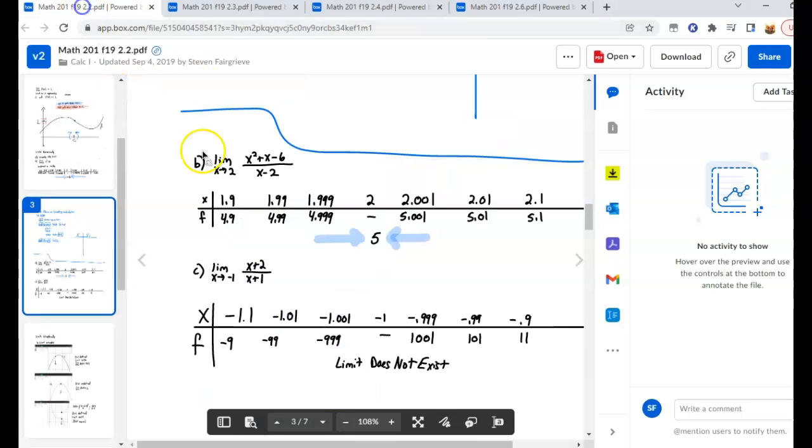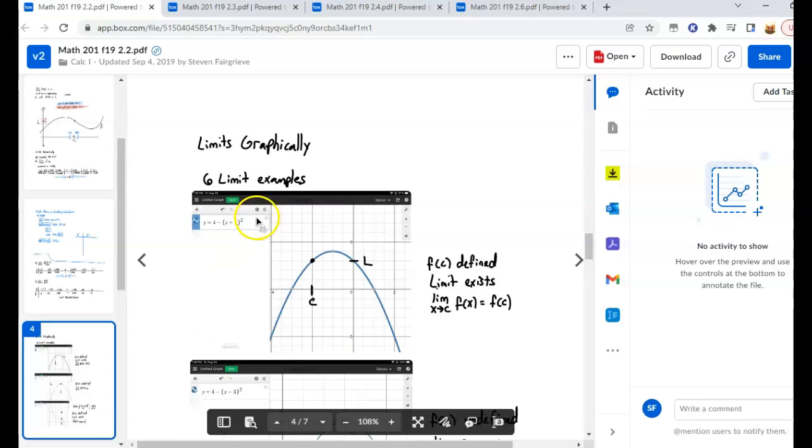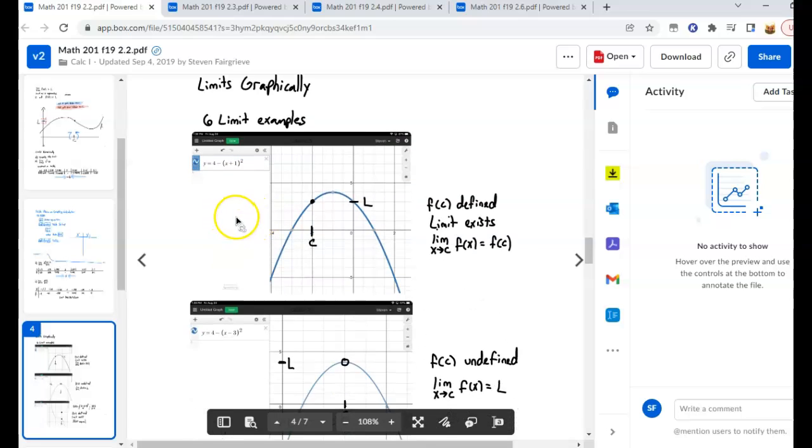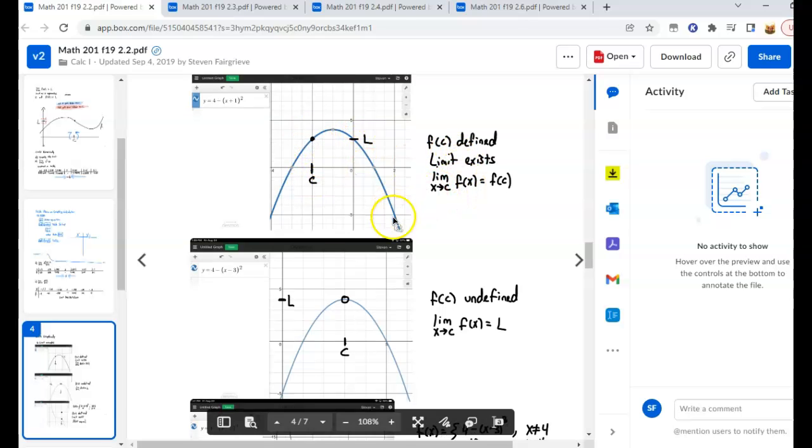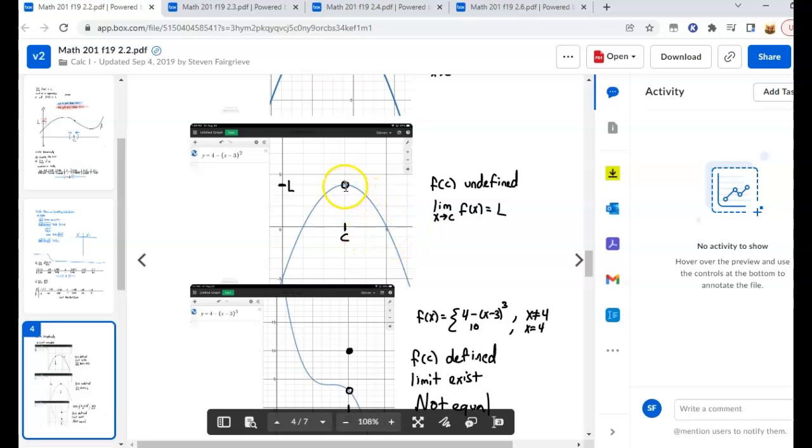If you go back to the notes, I showed you basically 6 different possible examples. One graphically where it literally goes to the same point as the limit, and so those are the same. Or we could have a case here where the limit is what it's approaching.